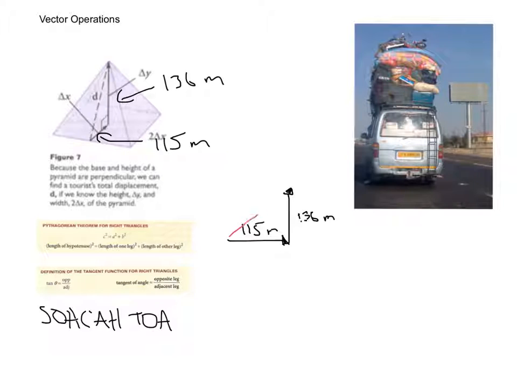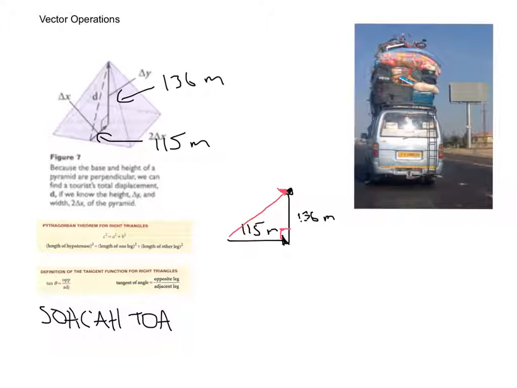So now my hypotenuse of this, remember, we call this our resultant vector, right? So here's my right angle. So I've got the x and I've got the y, and I want to find the magnitude of this resultant vector. So adding two vectors together, we can use the Pythagorean theorem.